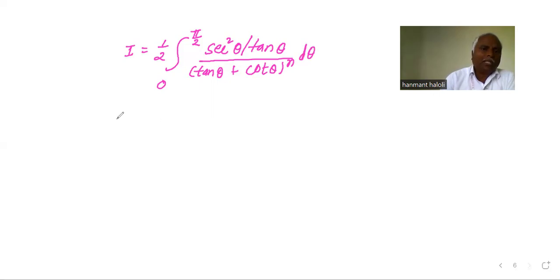Now sin, cos, tan are there, so we convert them into trigonometric functions for simplicity, and we get the integral 0 to pi by 2.